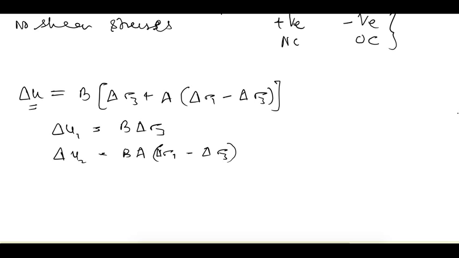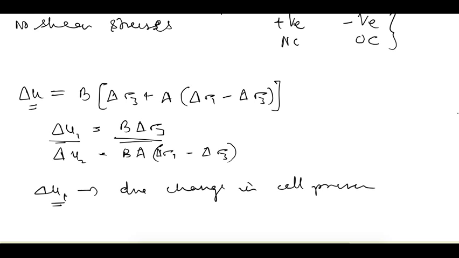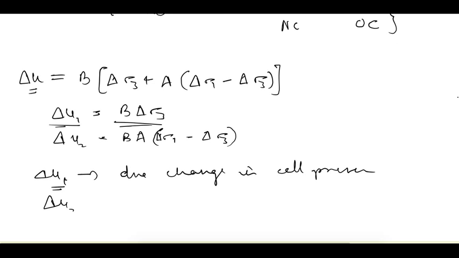So here BΔσ3, this is the change in pore pressure, that is Δu1, change in pore pressure due to change in cell pressure, whereas this Δu2 is equal to change in pore pressure due to change in deviator stress.